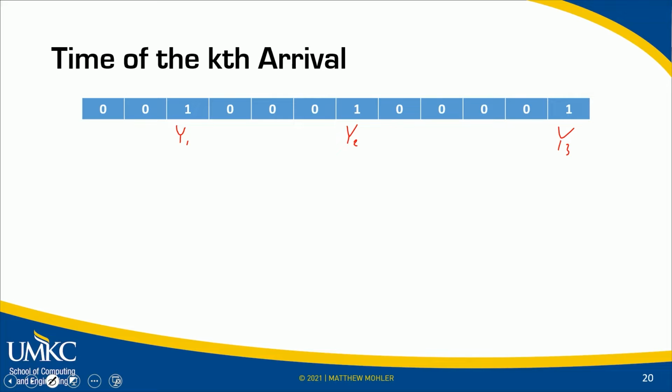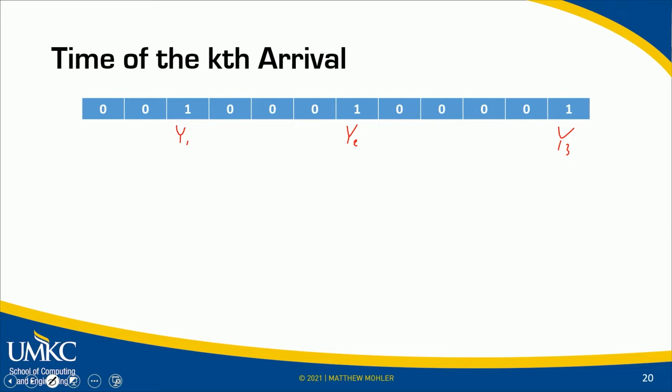So pretty straightforward. We've basically just assigned a random variable to the index, so y sub 1 equals 3 if you're starting from an index of 1, and then y2 equals 7, and y3 equals 12. Numbers don't really matter in this case, but just as an example.